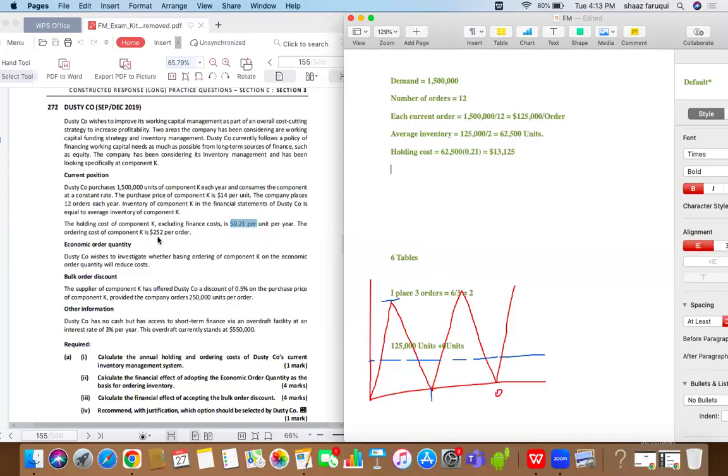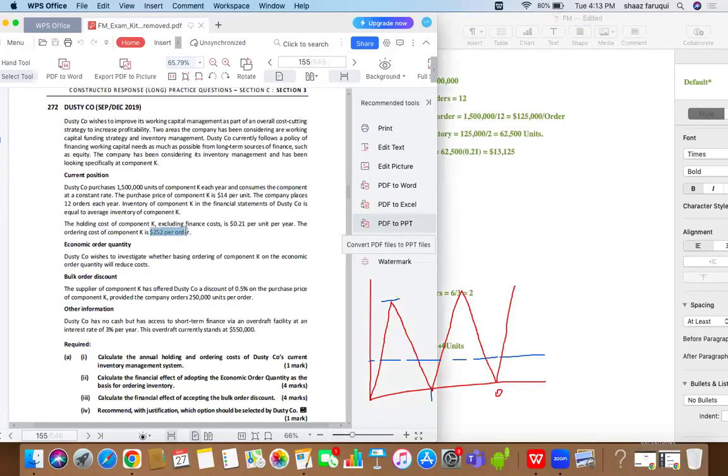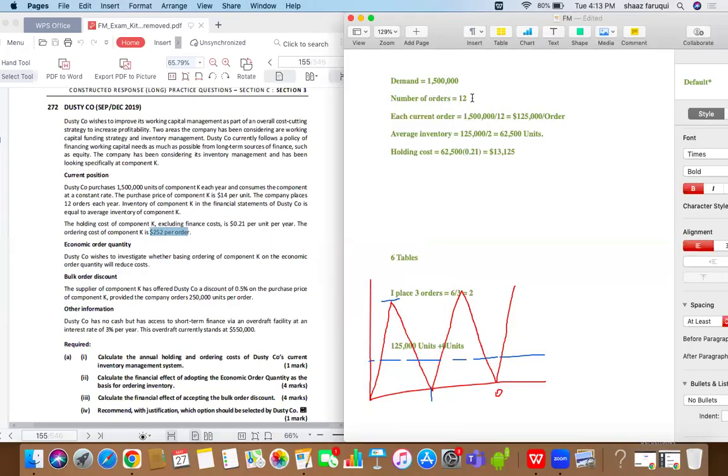The ordering cost of the component is $252 per order. And how many orders are we making? 12. So our ordering cost as of now is $252 per order, and I am making 12 orders in a year. So 252 into 12.